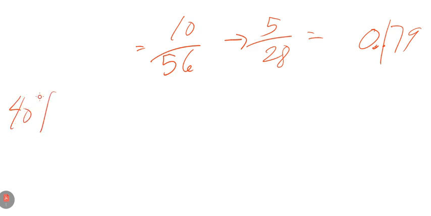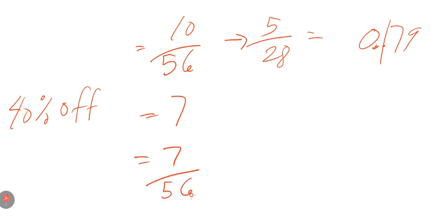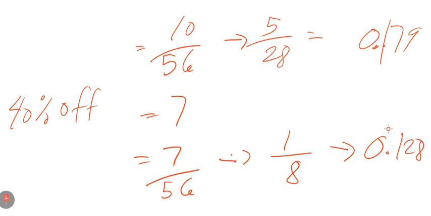Next, the 40% off: we have 7. 7 divided by 56 equals 1 out of 8, which is also 0.125.